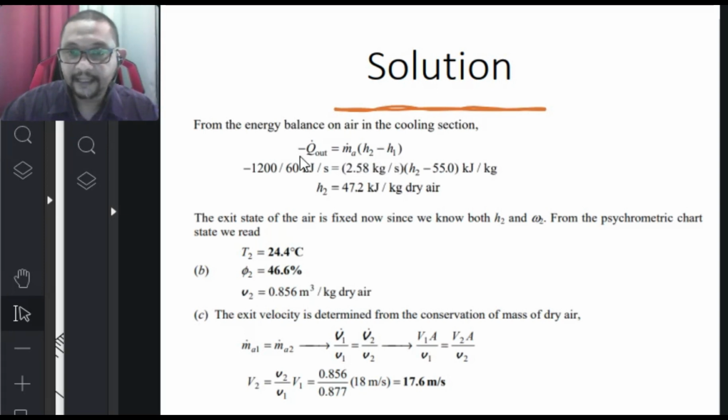Negative means that this is heat out, heat removed from the system, so it is negative according to Cengel's books. So Q dot is negative.